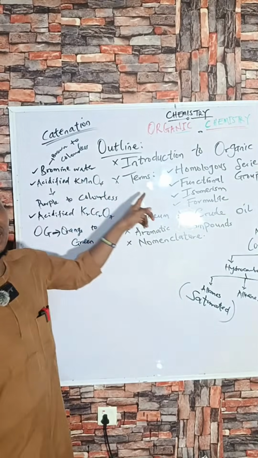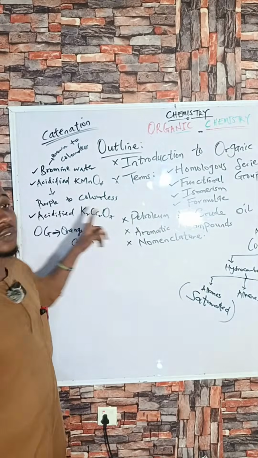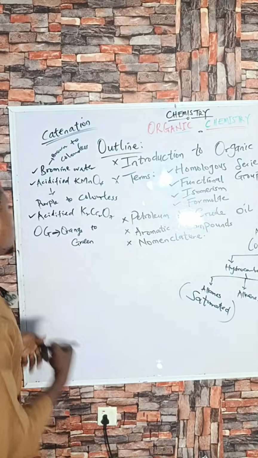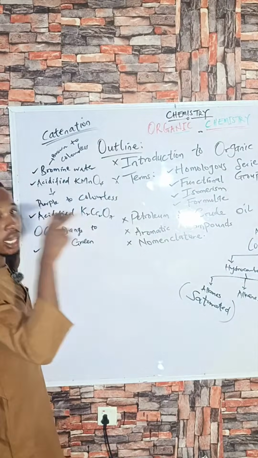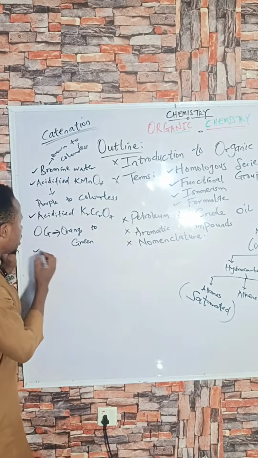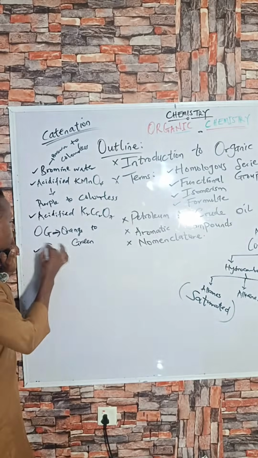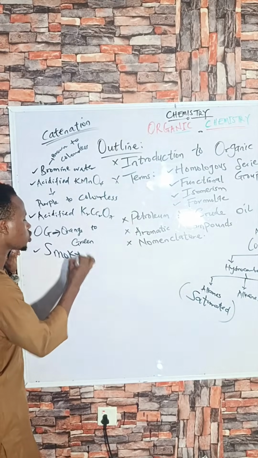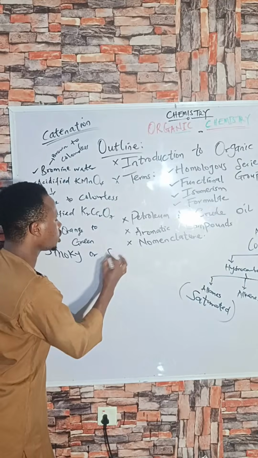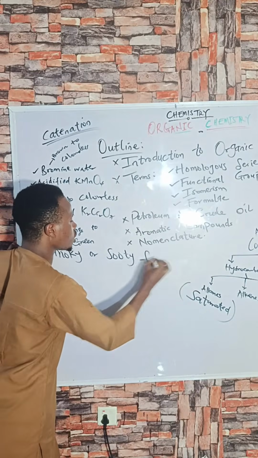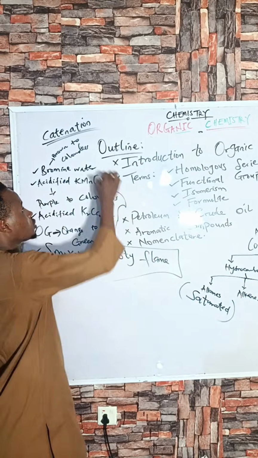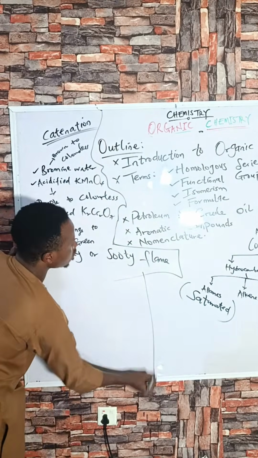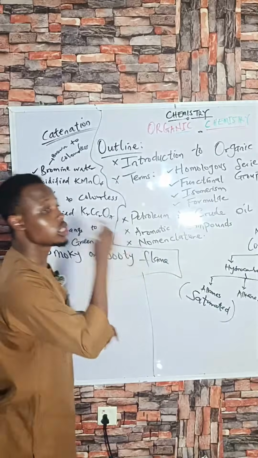Number two, acidified KMnO4. Number three, acidified K2Cr2O7. Also very important, especially to help you identify an aromatic compound, they will burn with a smoky or sooty flame. So if it is unsaturated, it will burn with a smoky, sooty flame.